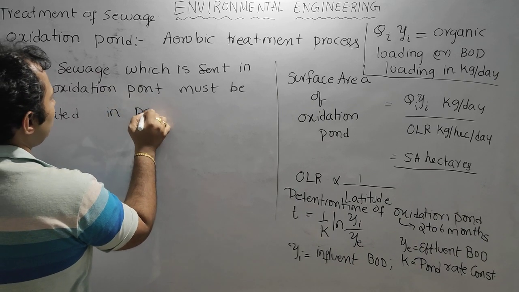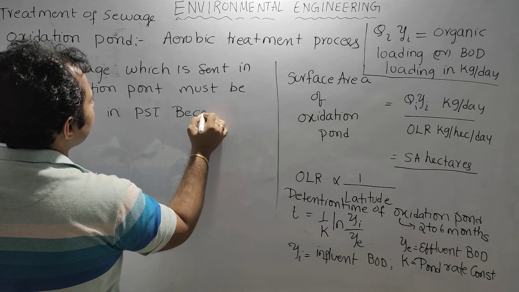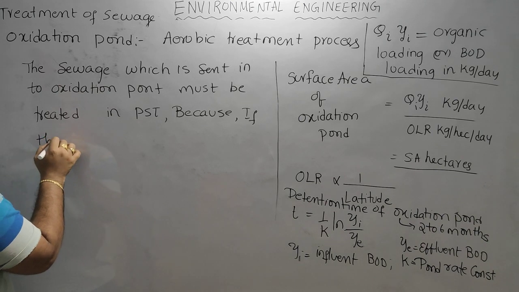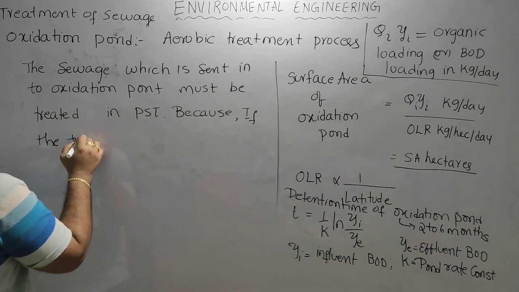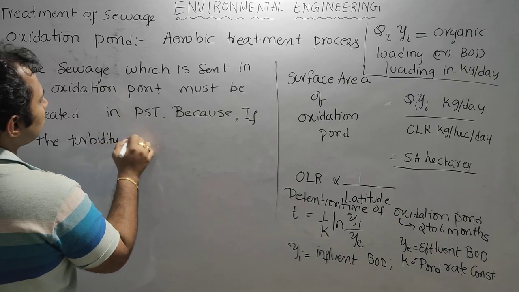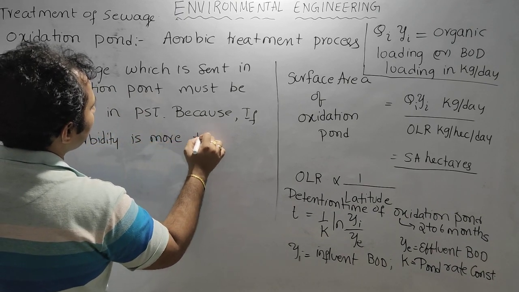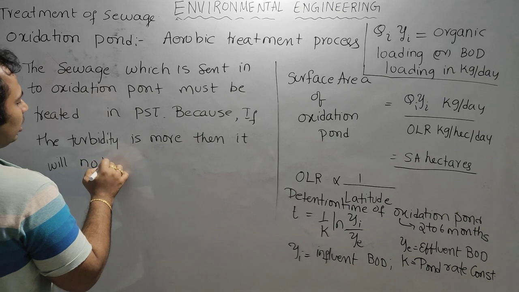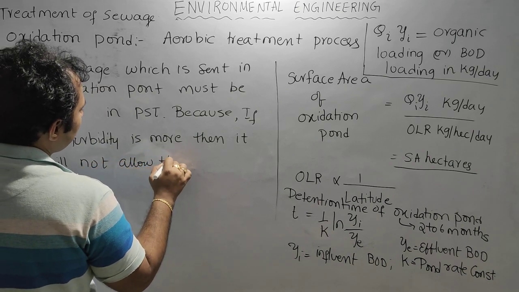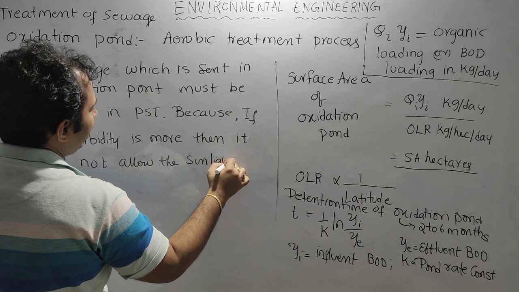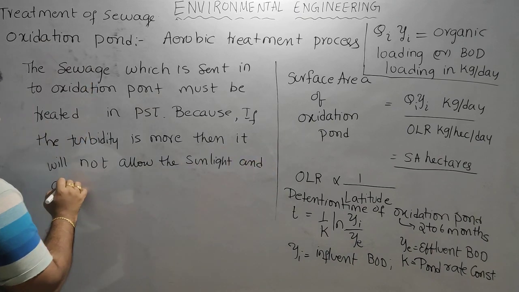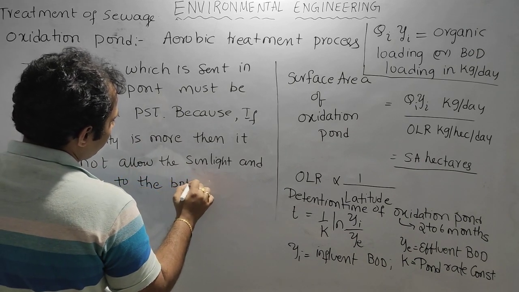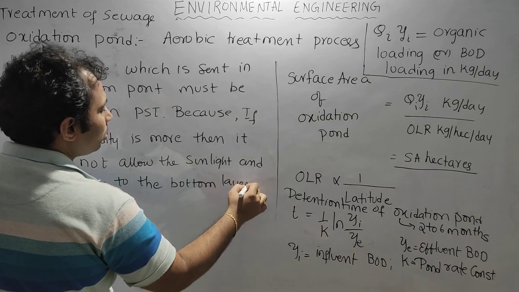in the primary sedimentation tank, because if the turbidity is more, it will not allow the sunlight and airflow to reach the bottom layer of the oxidation pond.